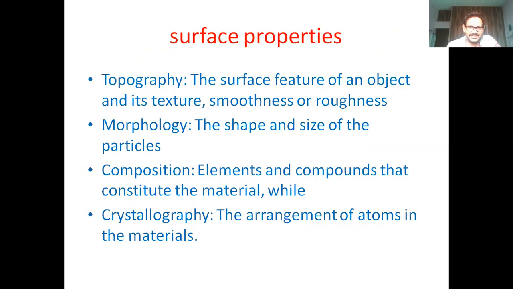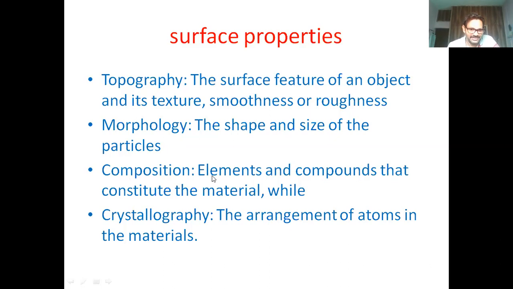So what properties can we extract? The surface properties. What are those surface properties? The first one is topography. What is topography? Surface features of an object, its texture, smoothness, and roughness. We normally call them topography. That information we get here. And morphology, the shape and size of the particles.